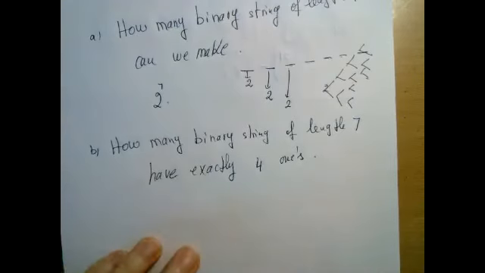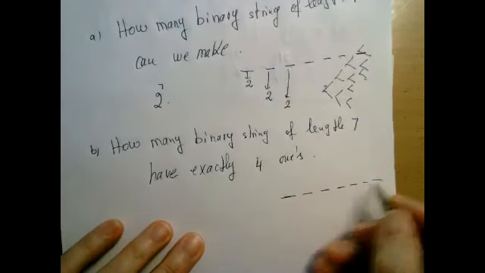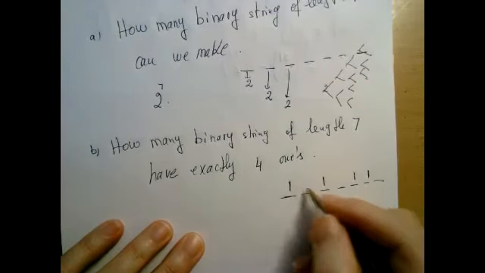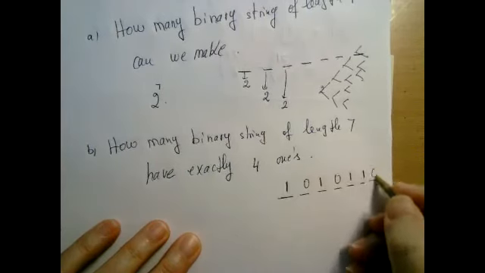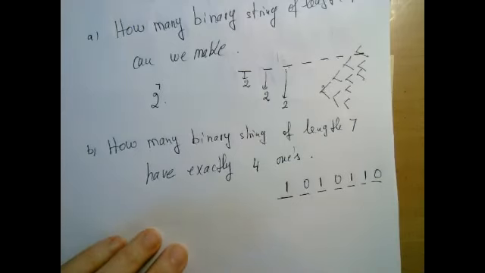So what's in my mind is something like this: 1, 2, 3, 4, 5, 6, 7. I want exactly 4 ones, so the rest will have to be 0. That's really one scenario, the scenario I am interested in. How many of those strings of length 7 have exactly 4 ones?